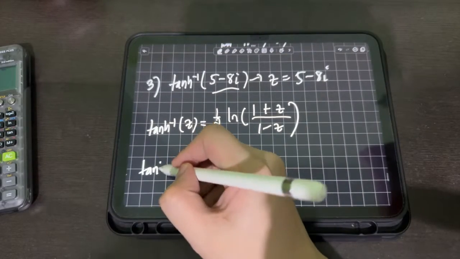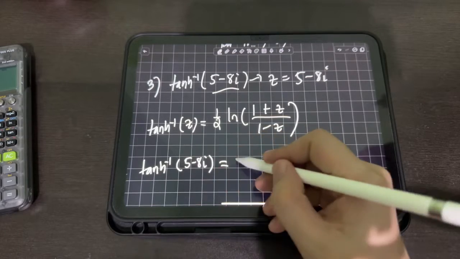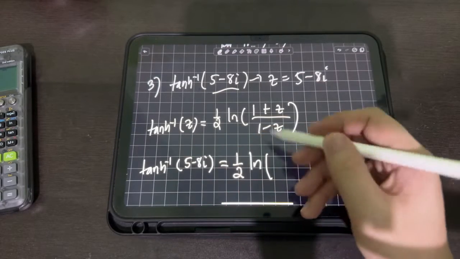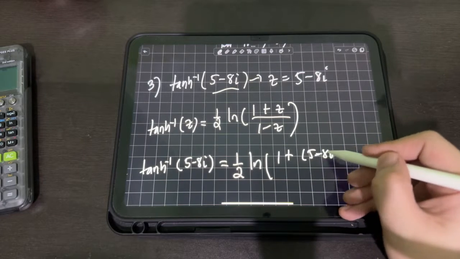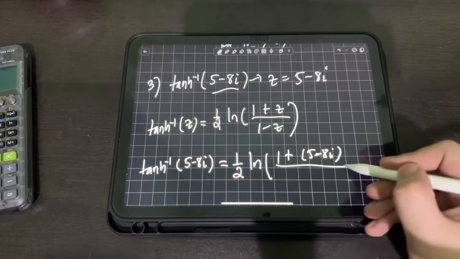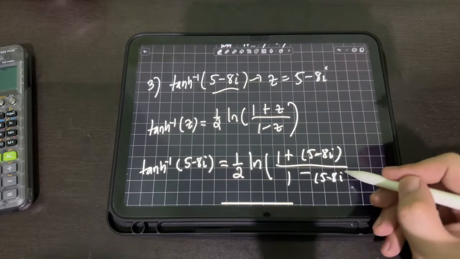Substitute the value of z, we have arctangent of z, which is 5 minus 8i, is equal to 1 half ln of 1 plus z, which is 5 minus 8i, over 1 minus z, again, which is 5 minus 8i.